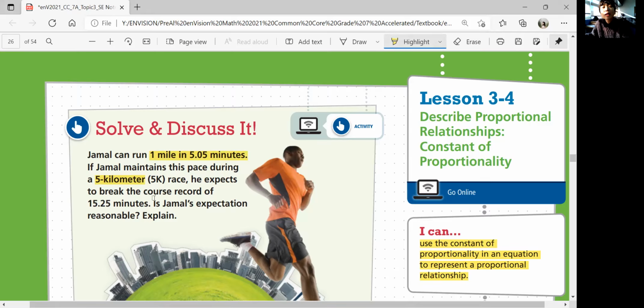Okay. And he has a goal. He wants to break the course record of 15.25 minutes. So he wants to run the whole 5K in 15.25 minutes. Is his expectation reasonable? Well, in order to compare if it's reasonable or not, we first need to know how many miles he would run total.